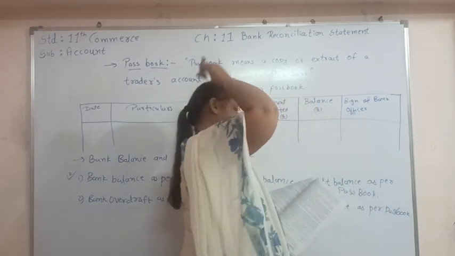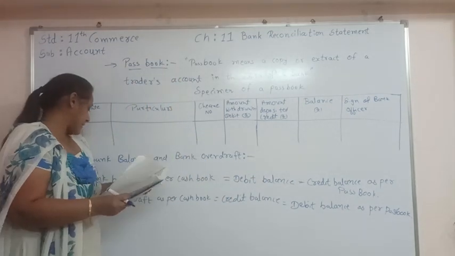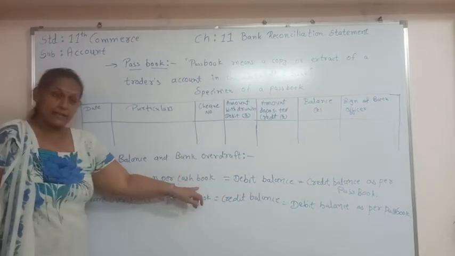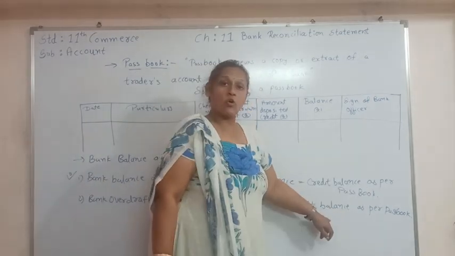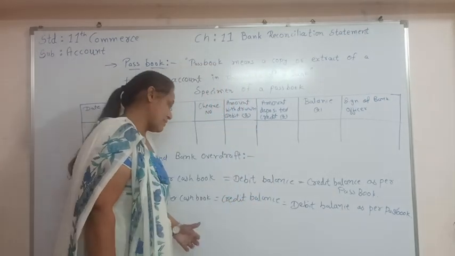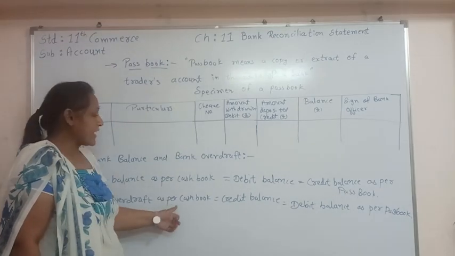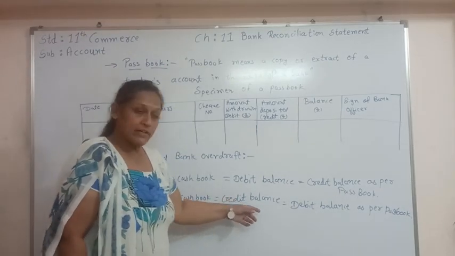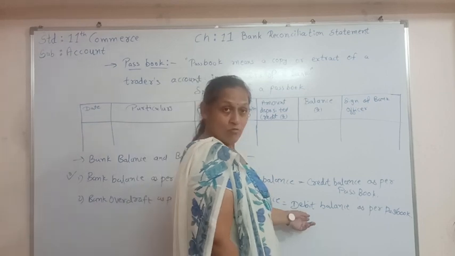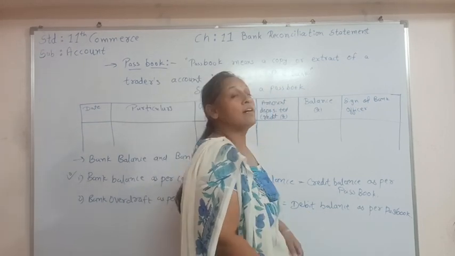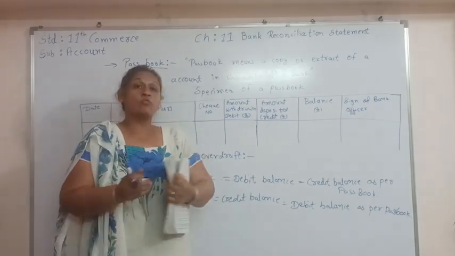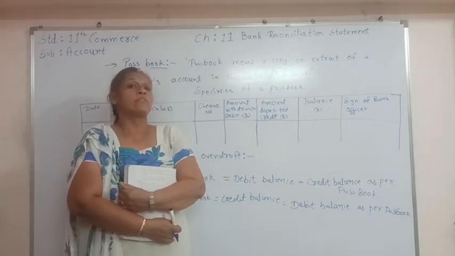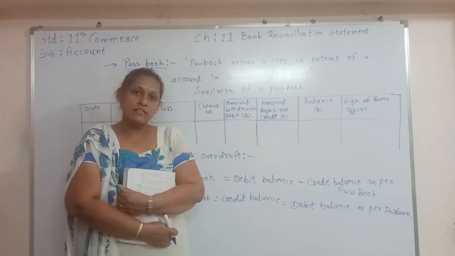So this is very important for us: the bank balance as per cash book has a debit balance and it is a credit balance as per passbook, and bank overdraft as per cash book has a credit balance equal to a debit balance as per passbook. So that is very important. Students, you may note down this, then we will understand the bank reconciliation statement.